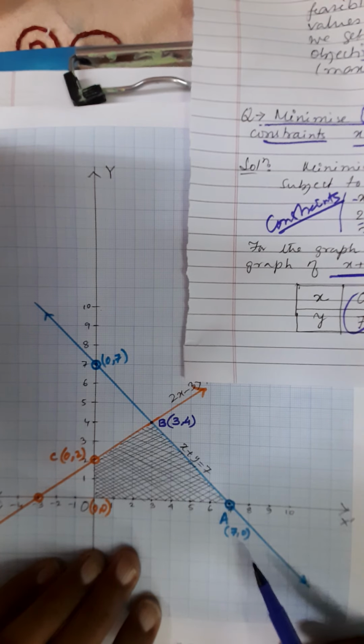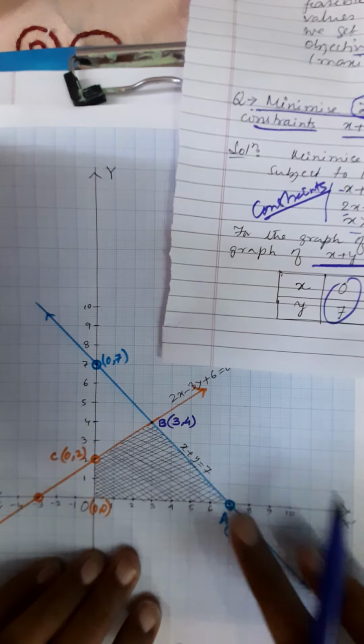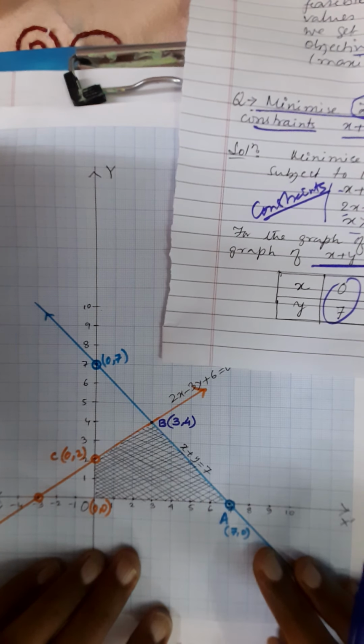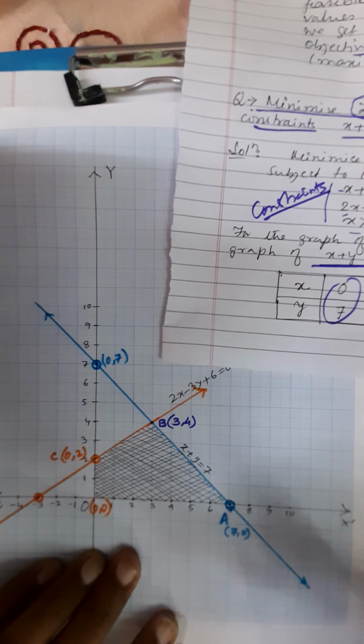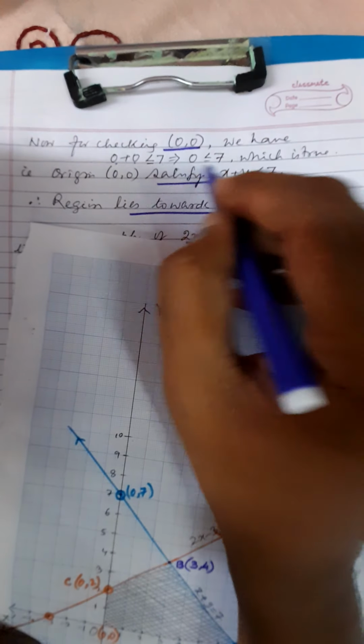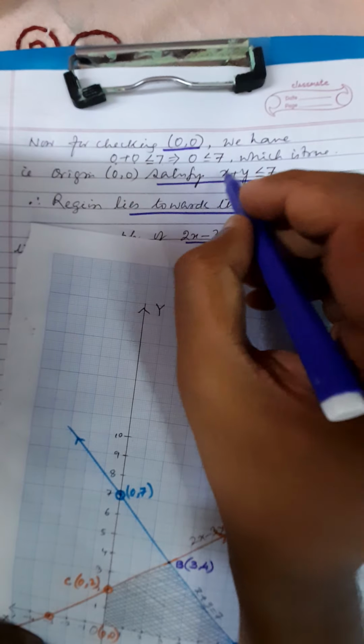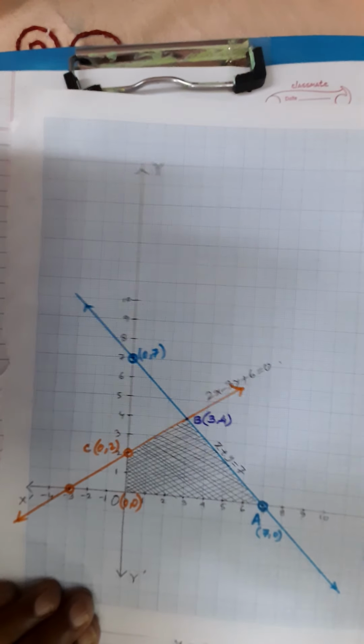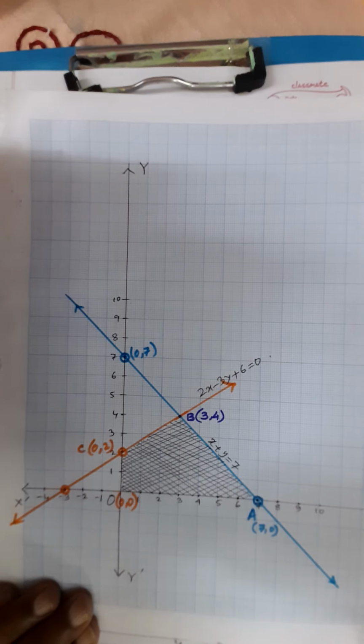We get a straight line for this equation. But here the condition is that the region satisfies the origin, that means the region lies towards the origin. Which part do we have to take?